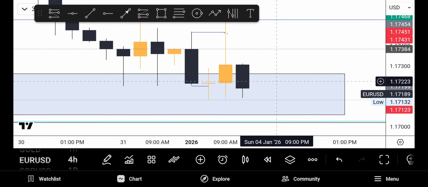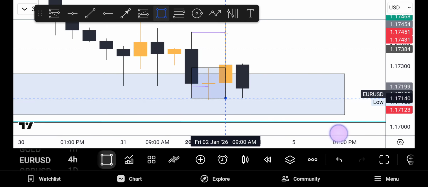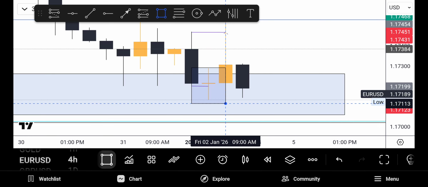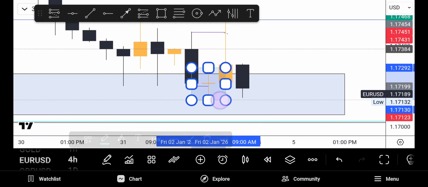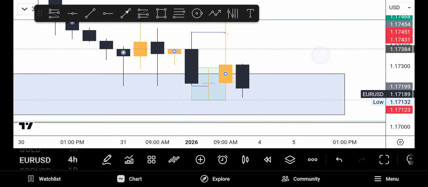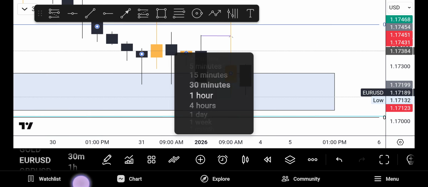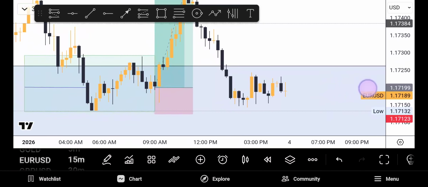So when we see this range happen, which is this candle, this candle, let me change the color so we cannot be confused. Now we went to the 15-minute time frame.